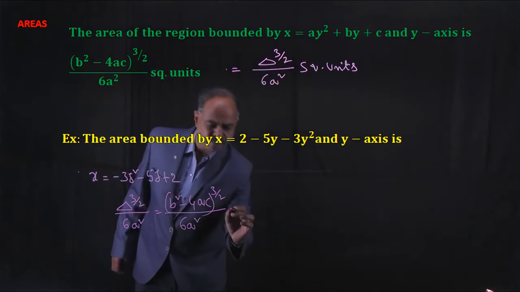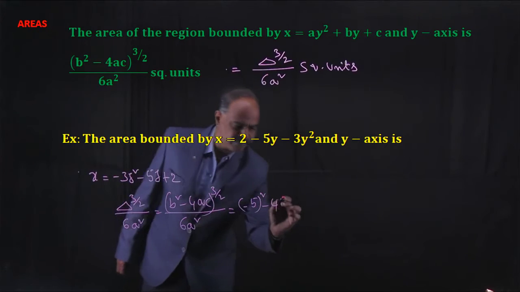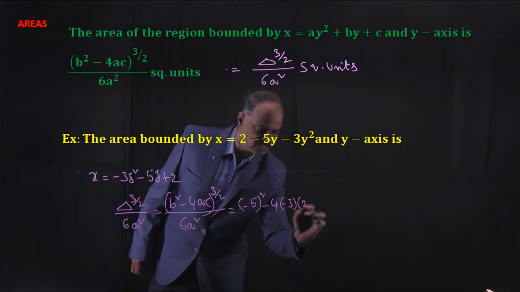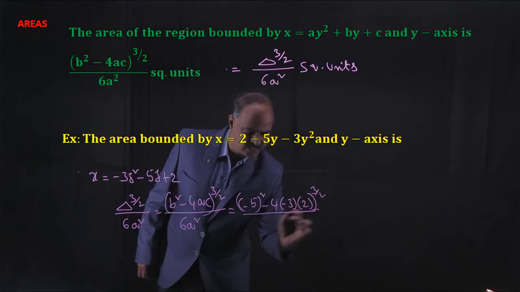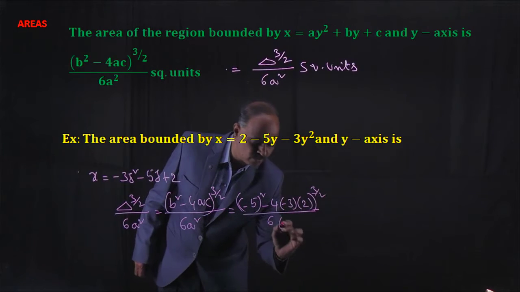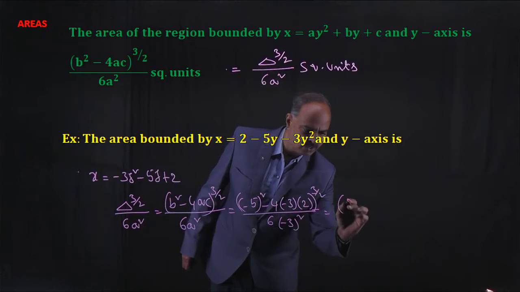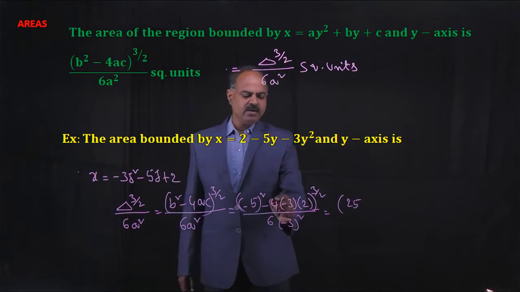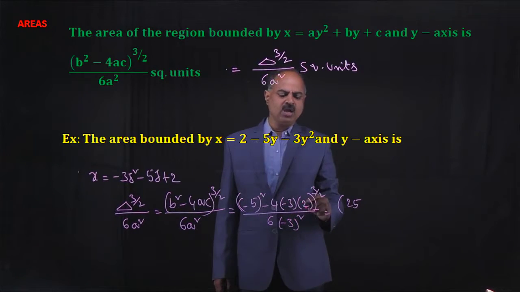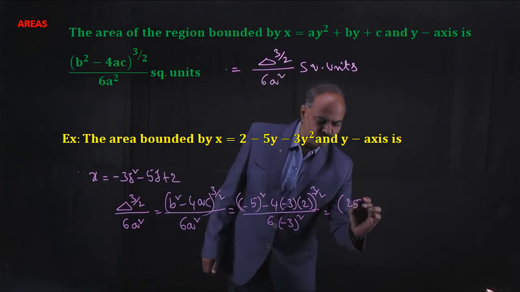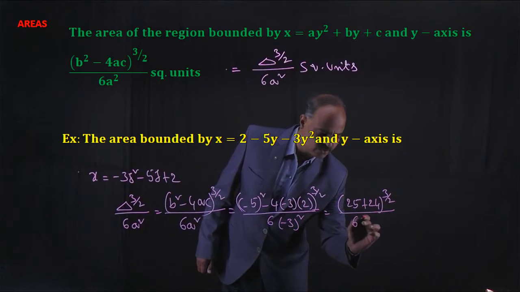Here b equal to minus 5, so minus 5 whole square minus 4 into a, minus 3, into c, that is equals to 2, whole power 3 by 2 by 6a square, but a equal to minus 3 here whole square. Now that is equals to 25, 4 into minus will become plus, 4 into 3 is 12, into 2 is 24, so 25 plus 24 whole to the power 3 by 2 by 6 into 9.